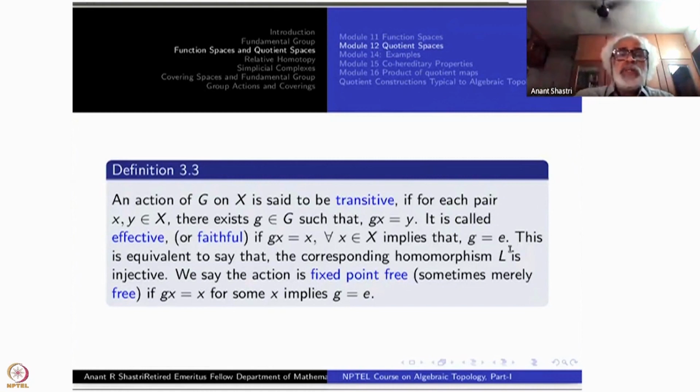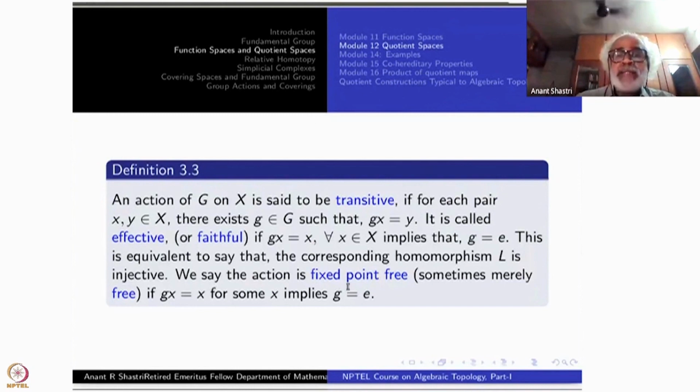Some people call it faithful also. It just means that the corresponding homomorphism from G to sigma X is an injection, a monomorphism. So this is equal to saying the corresponding homomorphism is injective.